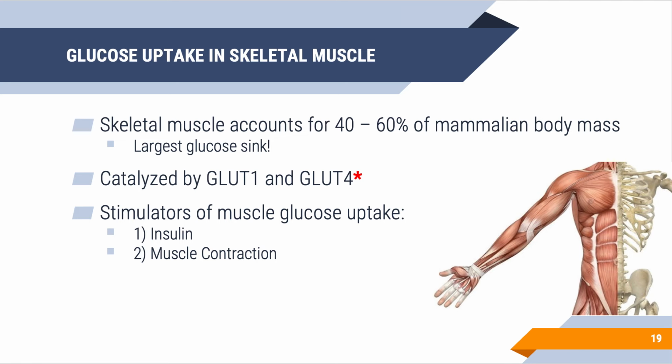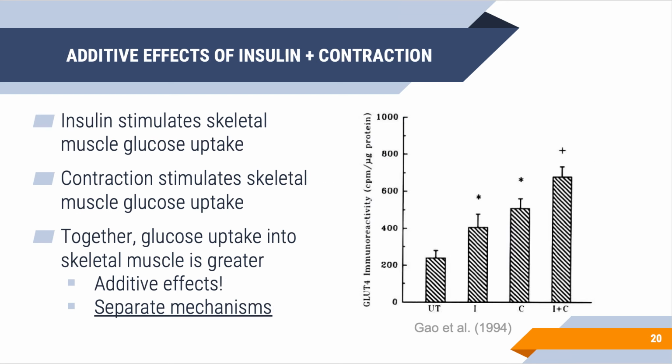Specifically, we'll talk a lot about GLUT4. And the main stimulators of muscle glucose uptake are going to be insulin-mediated as well as contraction-mediated pathways. This is important because in order to use glucose for fuel, or to store muscle glycogen, we have to actually be able to get it into the skeletal muscle cell.